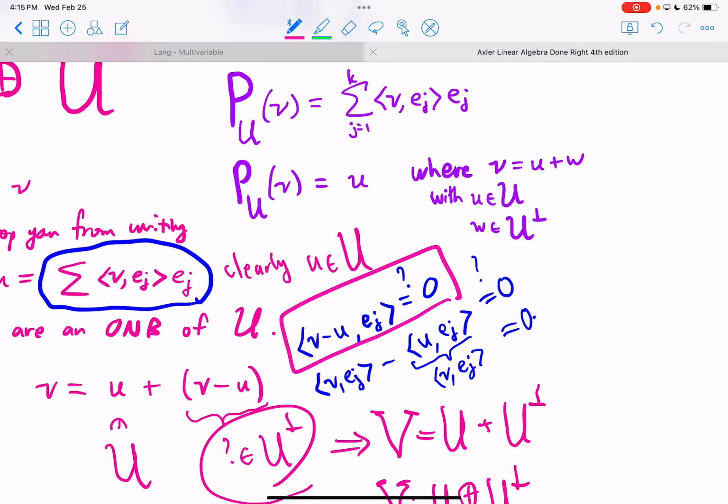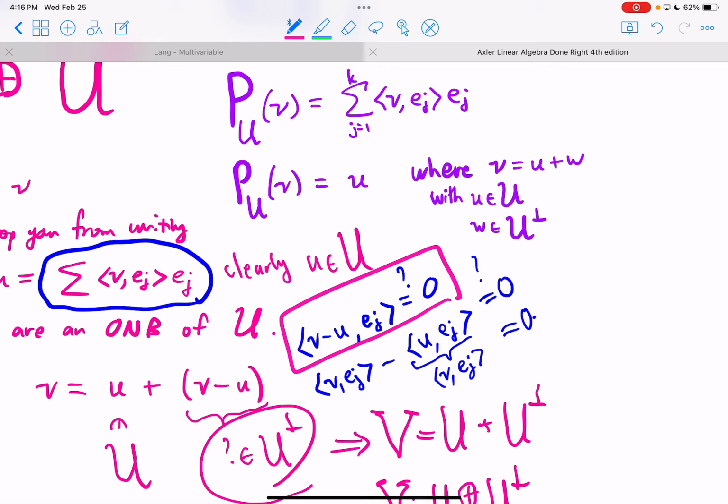I need to check that this is orthogonal to everything in U, but I'm going to do that by checking it on a single basis vector at a time. Once it's orthogonal to every single basis vector, it's orthogonal to every vector in U, because if you imagine replacing this by a sum of the Ci ej's, then we pull the sum out, pull the Ci's out, and every v minus u, ej is 0, so we get a sum of zeros, and it's still 0.